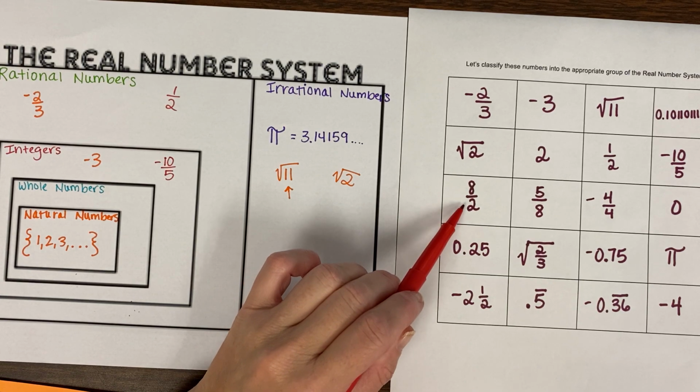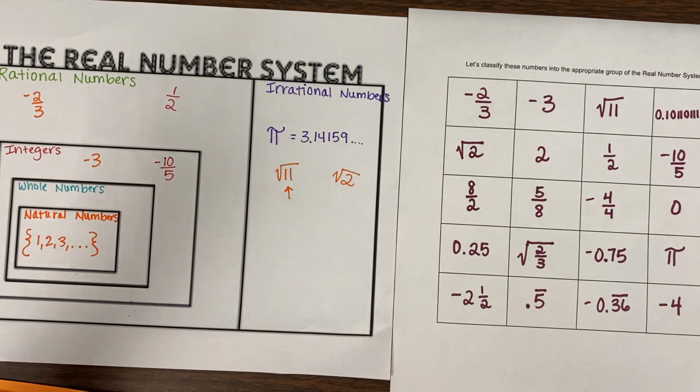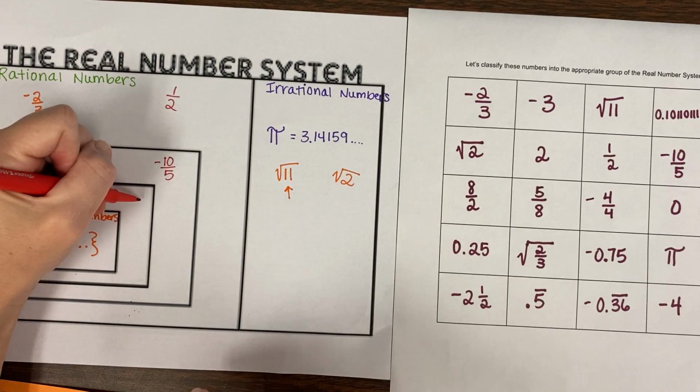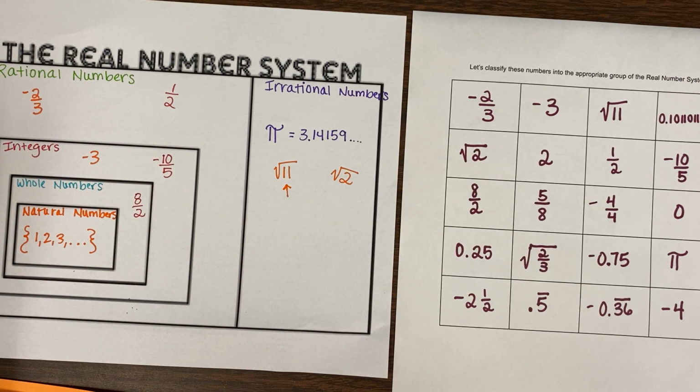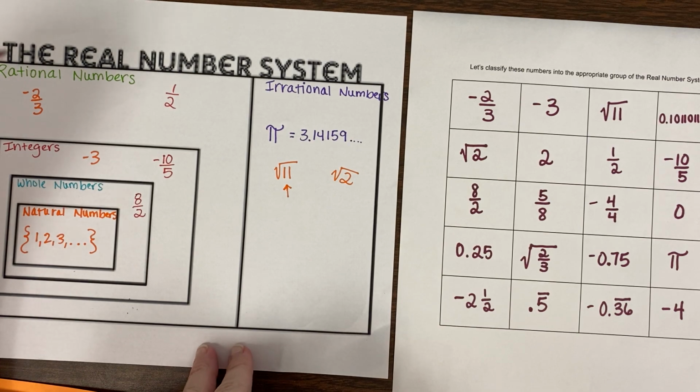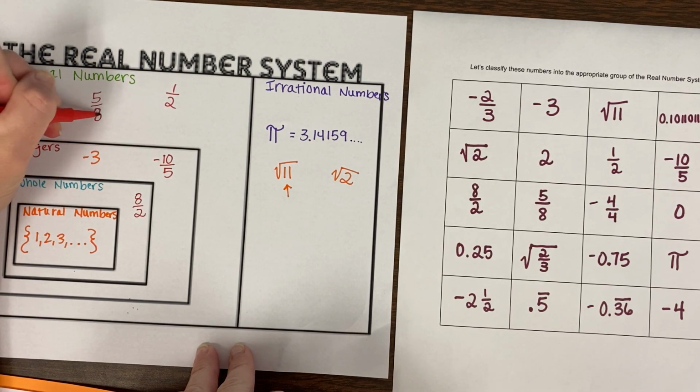8/2. That simplifies to 4, the whole number 4. So we'll put that right here. 5/8, not a natural number, whole number, or integer, but it does belong here in the rational numbers.